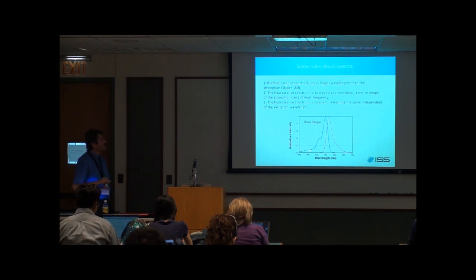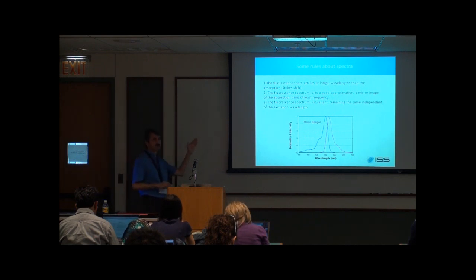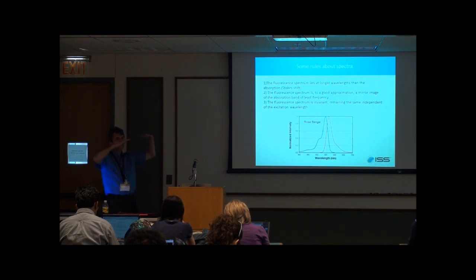Then we also notice that the fluorescence spectrum looks like a mirror image of the excitation spectrum. And this goes back to the characteristics of the Perrin-Jablonski diagram. It is not true for all substances, especially some substances that change conformation in the excited states.